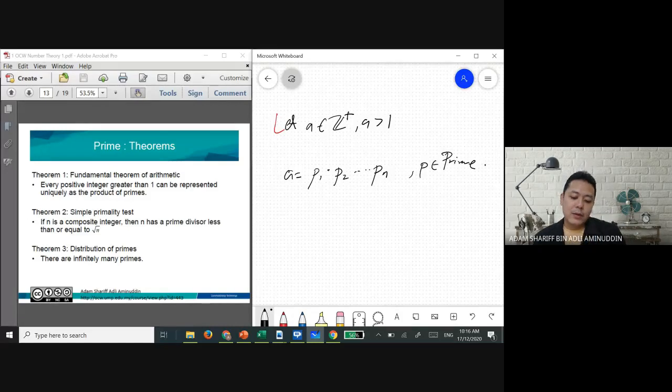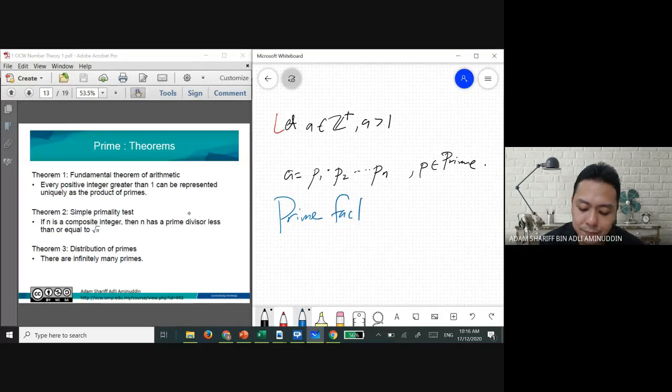Okay. So how to decompose every integer greater than 1 into primes? We know this technique as prime factorization, where we try to let A consist of primes, bukannya composite.